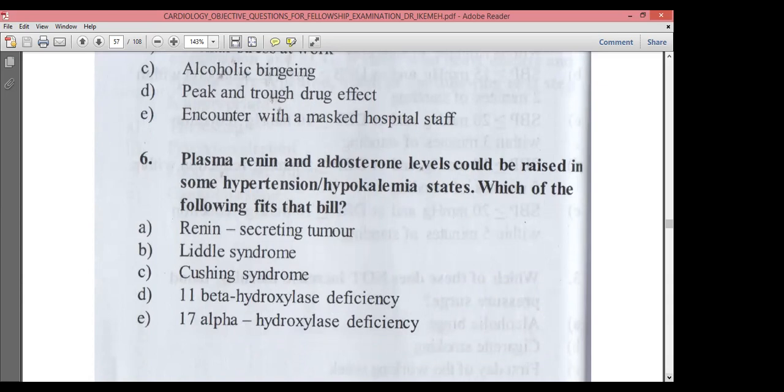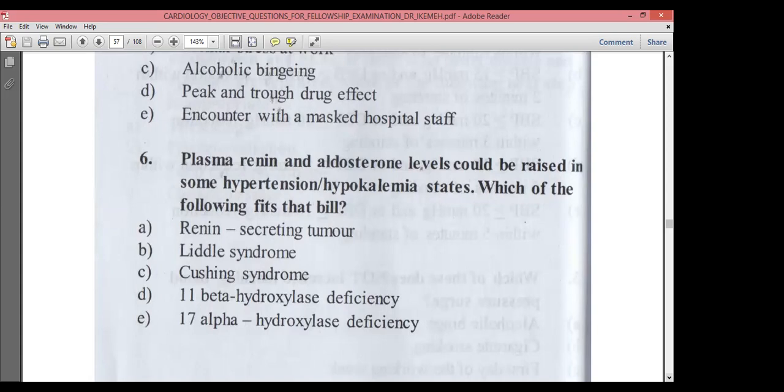Of course, all of them will cause hypertension and hypokalemia, Liddle, Cushing's. But for option A, a renin secreting tumor will secrete renin, which will raise plasma renin and also raise aldosterone, and this will cause secondary hyperaldosteronism, with hypertension and hypokalemia.